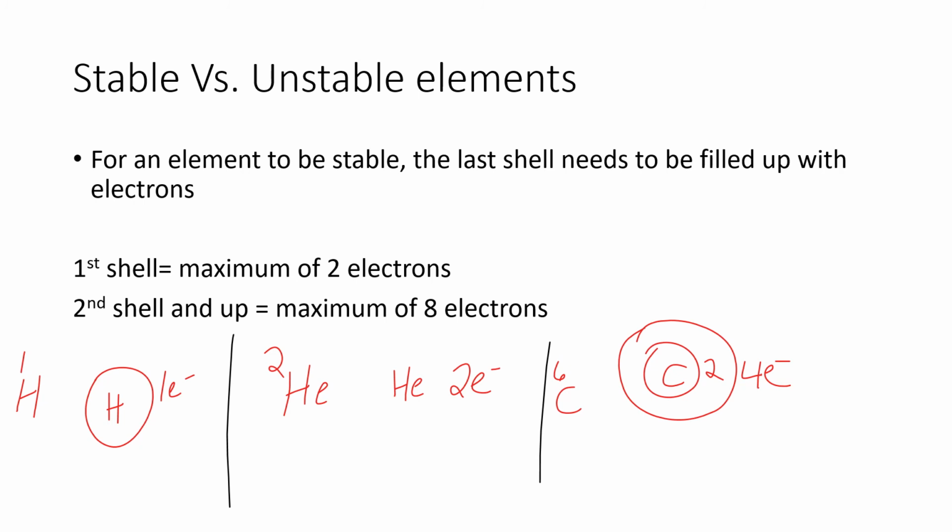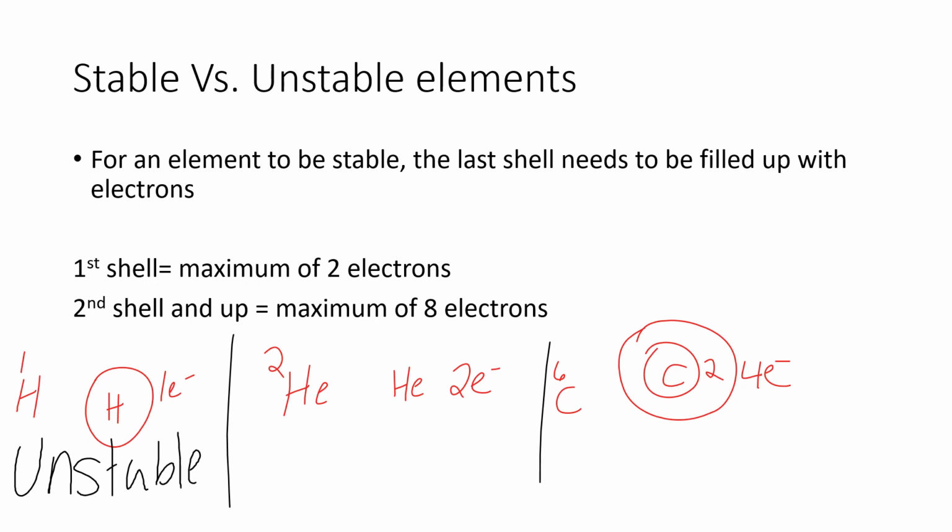So is hydrogen stable or unstable? Well, hydrogen only has 1 shell, so that's considered its first shell. And as we said, the rule says the first shell, for it to be completely filled up, needs 2. As you can see, hydrogen only has 1, so hydrogen is unstable.